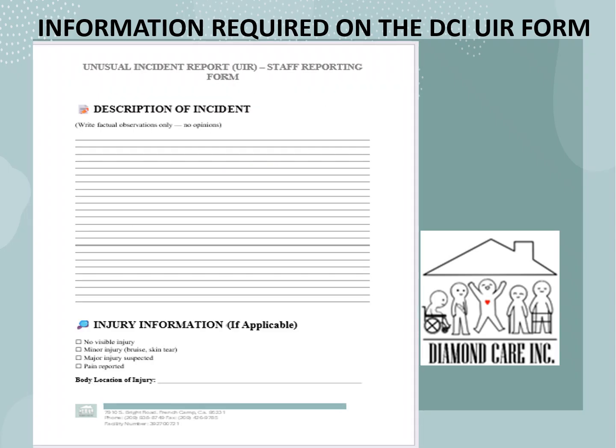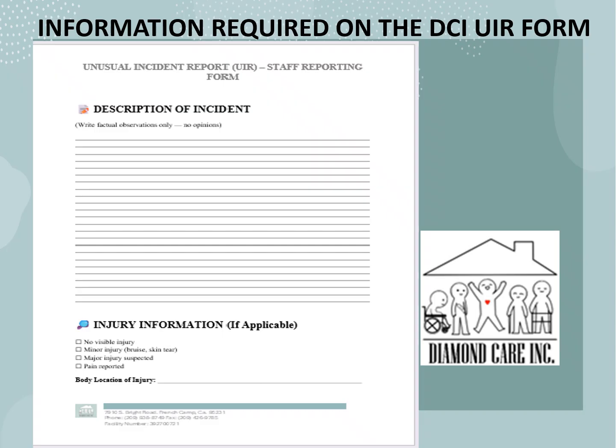So here is an area where you can write a synopsis of what happened, but bear in mind, if you are going to write a description of what happened, keep it to facts only, no personal opinions, okay?